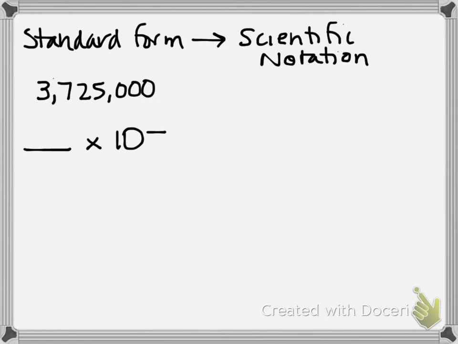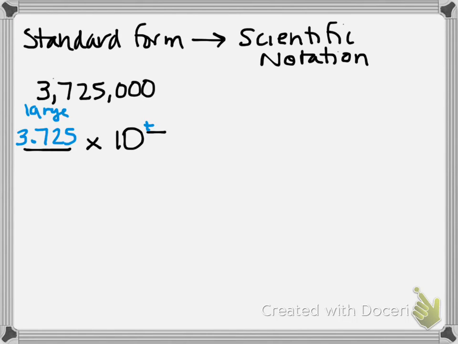Say again real loud. So we have 3.725. Now, is our number considered a large number or small number? Large. So what kind of sign would I get? Positive. Okay, so I'm going to get a positive here. Now, do I need to put the positive in? No, but for our notes, we're going to put that in just so that we see a connection. So large numbers, positive. So I'm going to write that.